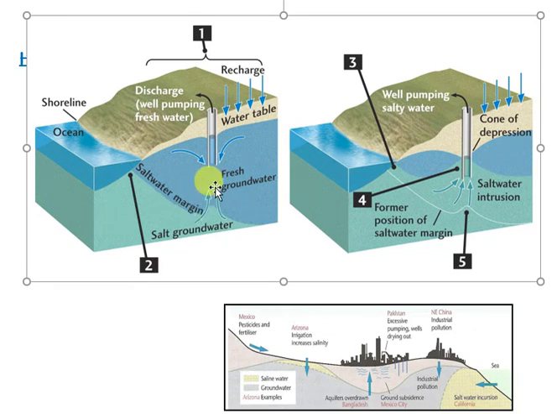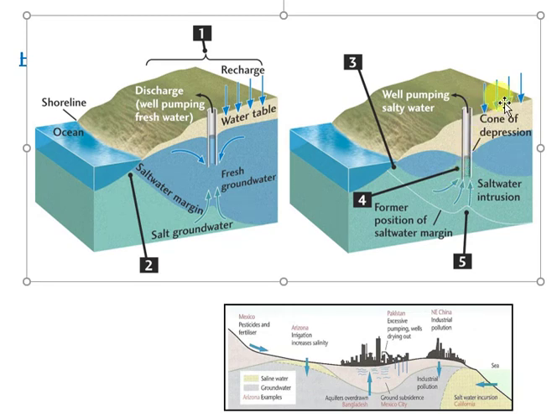And we abstract or pump fresh water out. There's going to be some recharge naturally, where water infiltrates and percolates. But if we carry on doing it, that saltwater margin moves inland, and then we start abstracting and pumping out salty water.